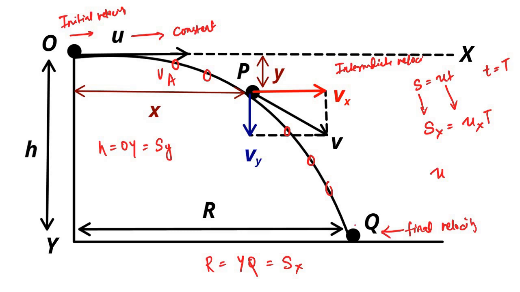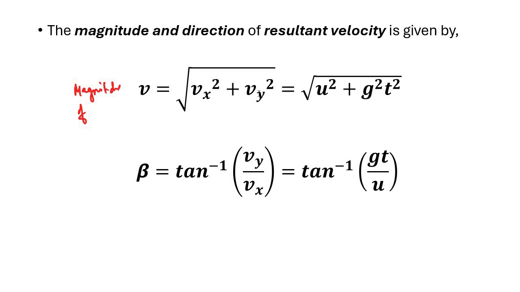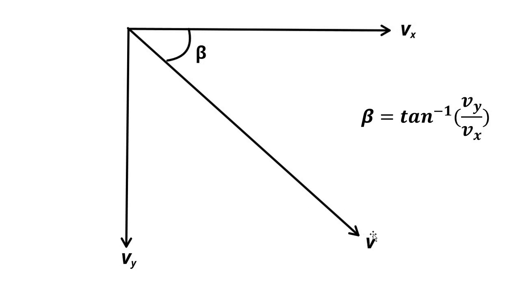So the magnitude is root over of Vx square plus Vy square, and the angle beta which this resultant velocity vector makes with the horizontal is given by tan inverse of Vy by Vx.